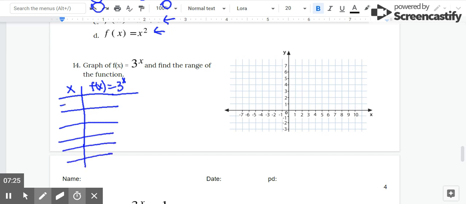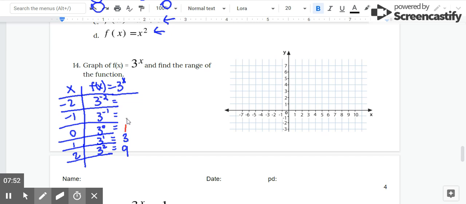We usually need 5: negative 2, negative 1, 0, 1, 2. So 3 to the negative second power, and 3 to the negative first power, 3 to the 0, 3 to the first power, 3 to the second power. We know this: 9, 3. Anything to the 0 power, 3 to the 0 power, is 1.